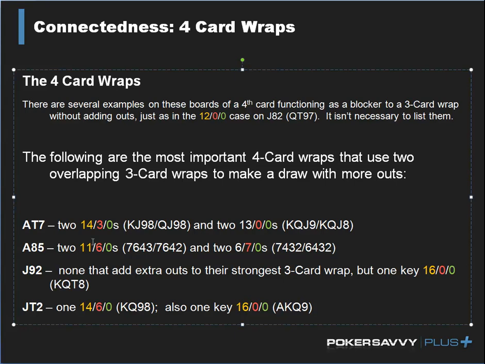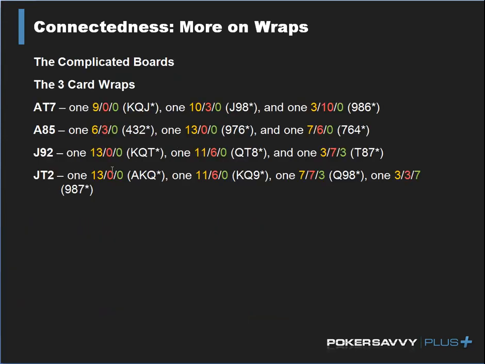Okay, Jack 9-2 actually is one of the cleanest of these complicated boards. If we look back at the previous slide, main wrap possibilities here, see these 3: King Queen 10, Queen 10-8, 10-8-7. That's pretty much all there is on Jack 9-2.